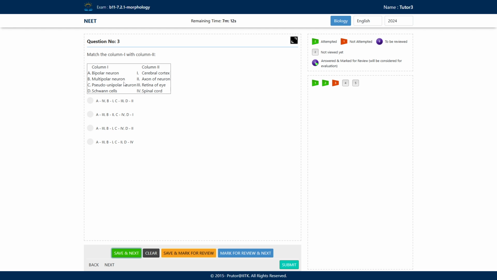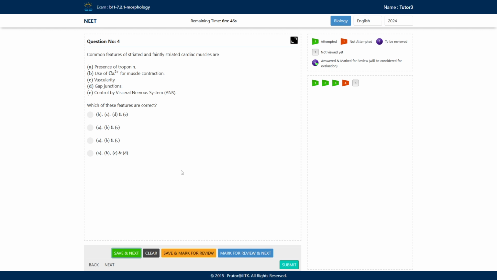Multipolar neurons are present in the cerebral cortex region. Pseudo-unipolar neurons are present in the spinal cord. And Schwann cells are present on the axon of the neuron. So which is the correct match? A3, B1, C4 and D2, right? So we will match this and select it.